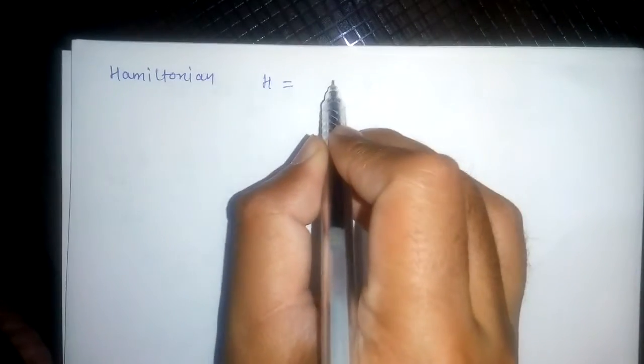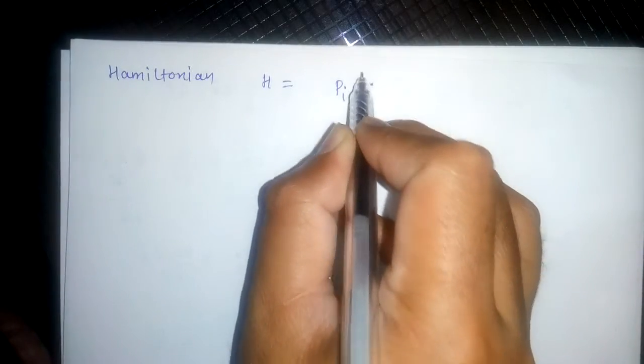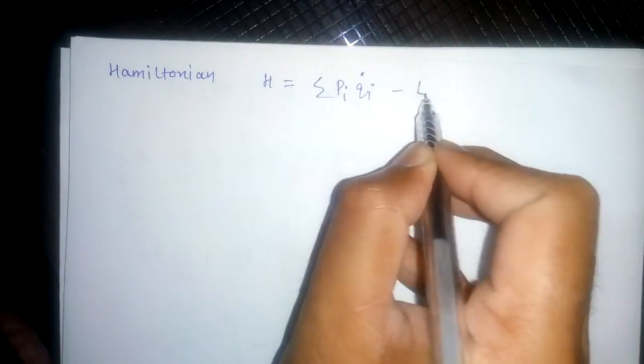Next important parameter is the Hamiltonian. What is the Hamiltonian? The Hamiltonian is the total energy operator, we can say, and its value will be pi qi dot minus the Lagrangian.